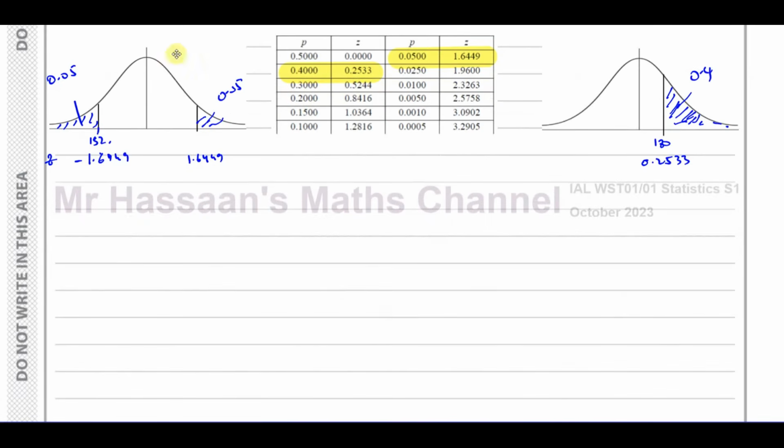So now we can use the fact that the standardized score is X minus mu over sigma. We don't know mu and sigma, but we know Z and X for both of these situations, and that's why we can solve the problem.